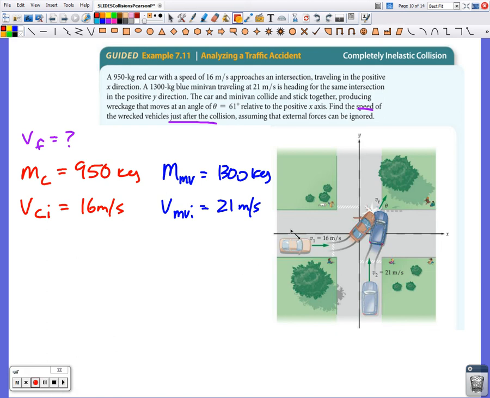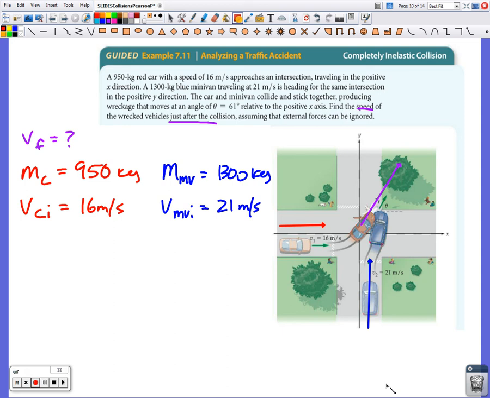So we have some momentum of the red car this way before the collision, and then we have some momentum of the blue car before the collision. Ultimately, we're going to end up with these cars moving off like this. Okay?